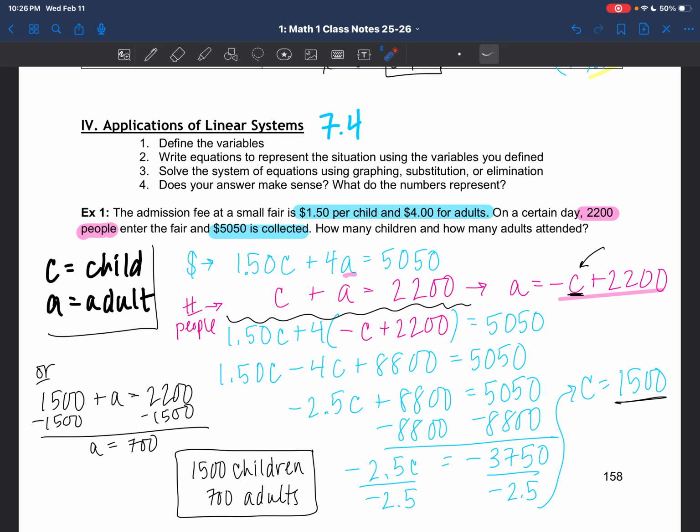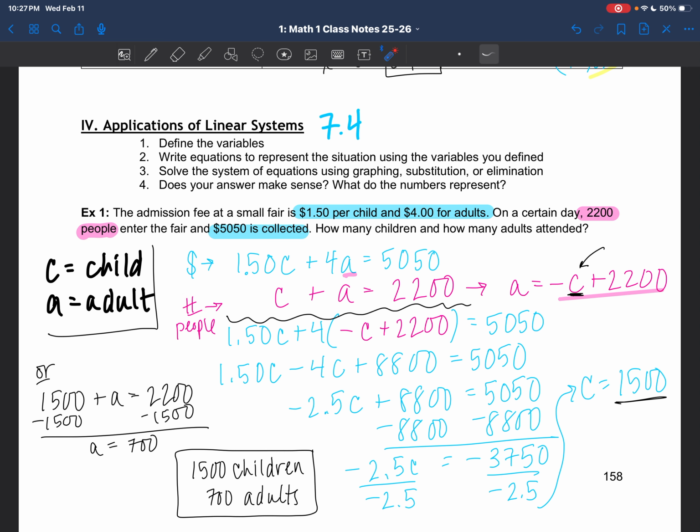All right, let's think about how to set this up. You want to think about how the information is related. In this case, all of this information has to do with money, and this information has to do with the number of people.